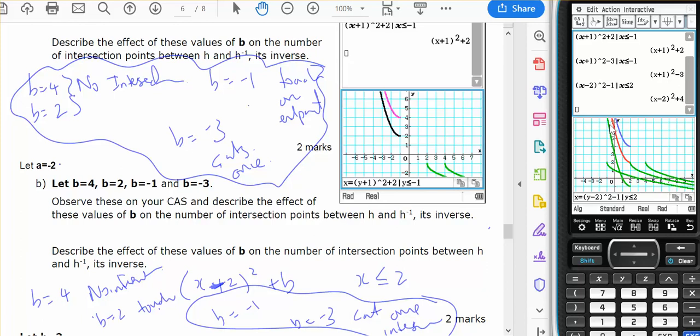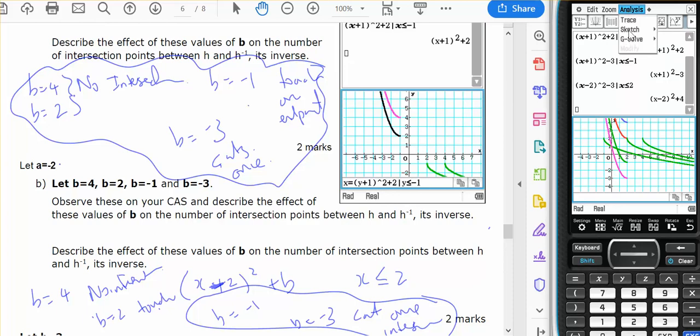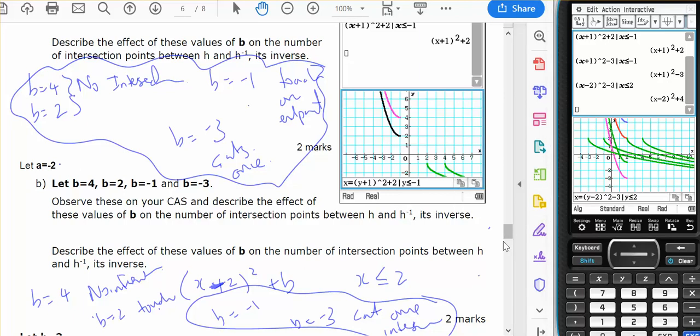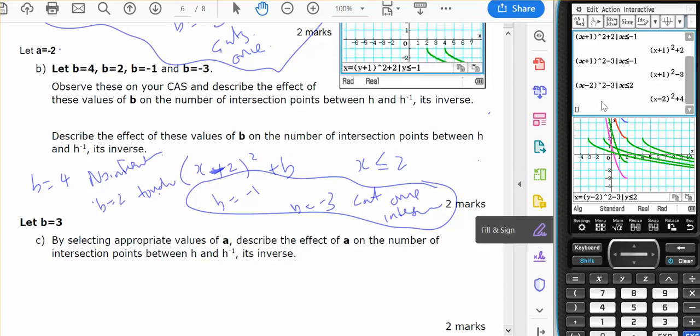And then when I have that as -3, and I drag and drop, and then I do analysis, sketch, inverse. The blue one's flashing. If I go up, I'll get the pink one at the end. That's very good. Now press XE, and there it is, same. So when it was equal to +2, that's when we had the touching.